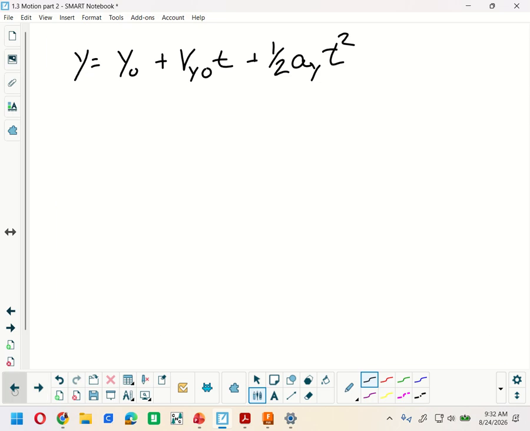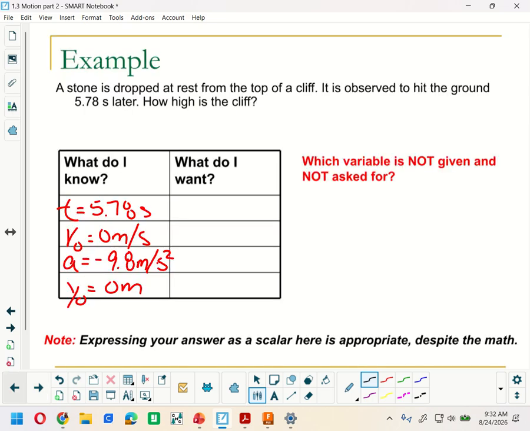All right, this one here, what am I looking for? How high is the cliff? So if I'm dropping something off the cliff, I'm looking for the what? The y final or my change, right? So yeah, it'd be my delta y. So it's the change in y there.